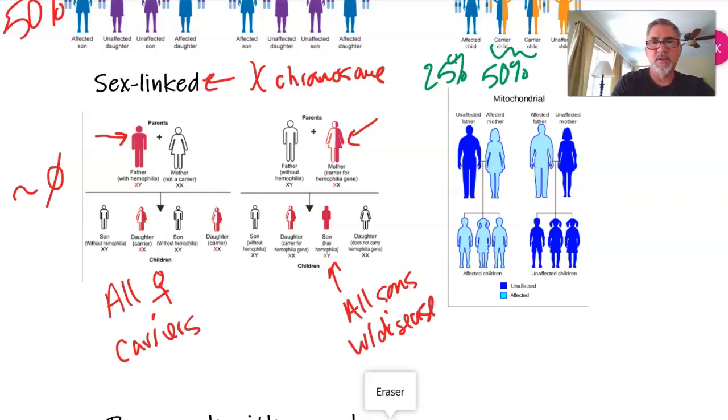All sons have the disease. And then 50% of daughters will then be carriers. Because 50% will get a disease, and 50% won't. But all the sons will get the X. Right? So just remember that.